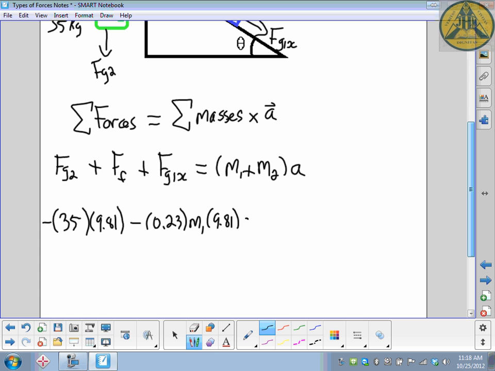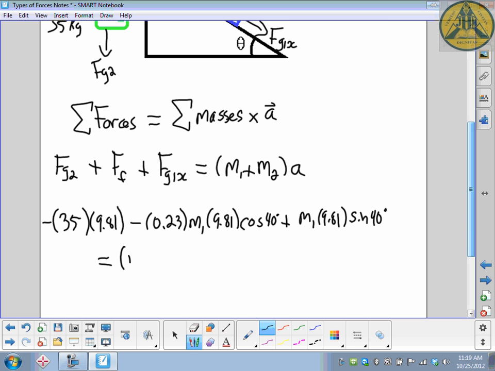Taking into account the ramp, we would multiply by the cosine of the angle. Force of gravity from mass 1 is acting down the ramp, so that's positive, and so that's going to be M1 times 9.81 times sine of 40 degrees.